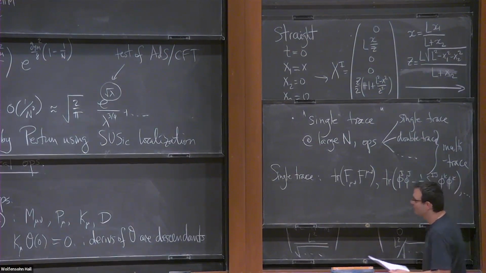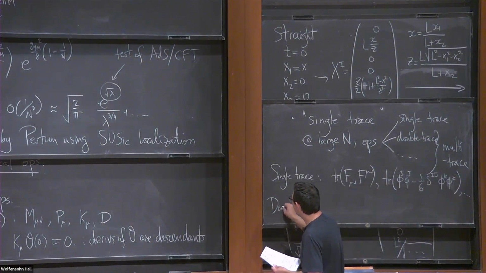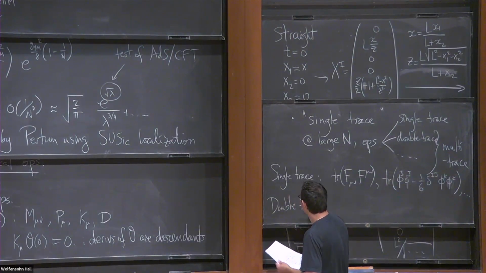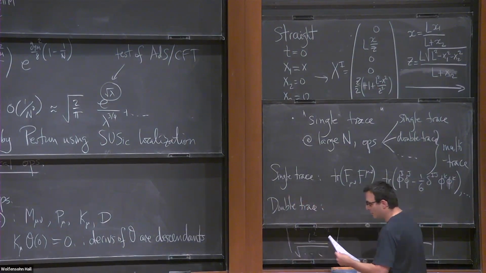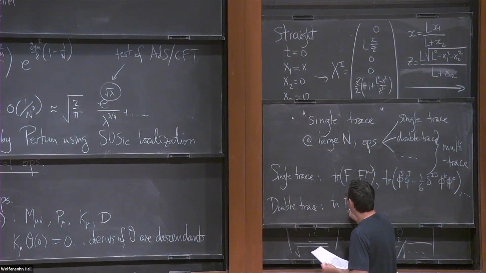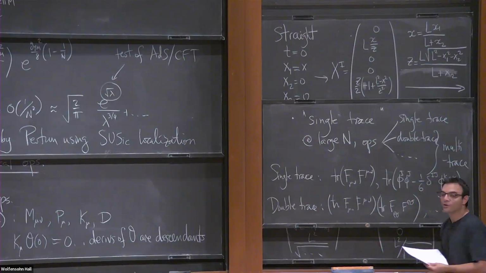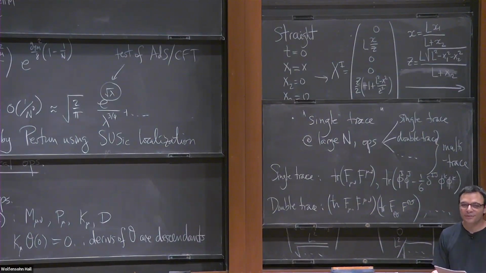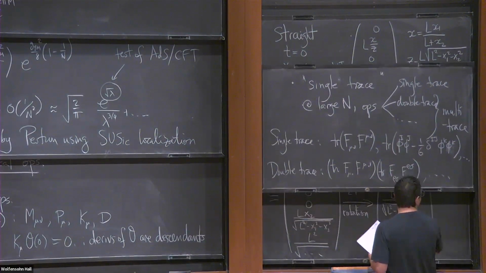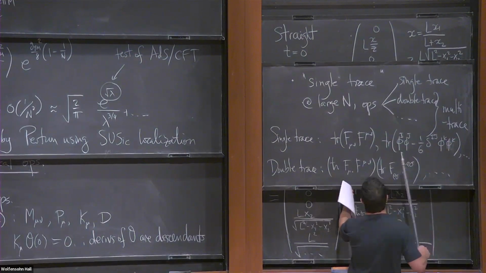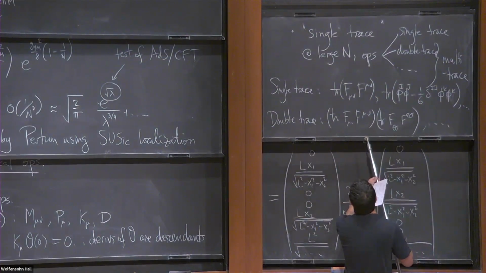And so on. As an example of double trace, we can have, for example, trace F_μν times trace F_ρσ, and so on. So we're taking two traces. Triple trace, take three traces, and so on. So with these two concepts, I can say how AdS/CFT works for local operators.